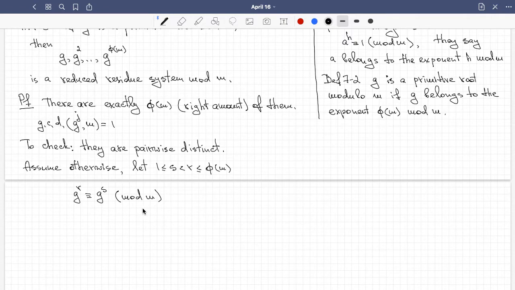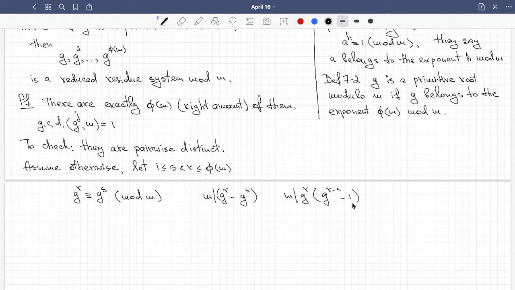That means that m divides the difference, so m divides g to the r minus g to the s. And I will rewrite it as m divides g to the s times g to the r minus s minus 1.